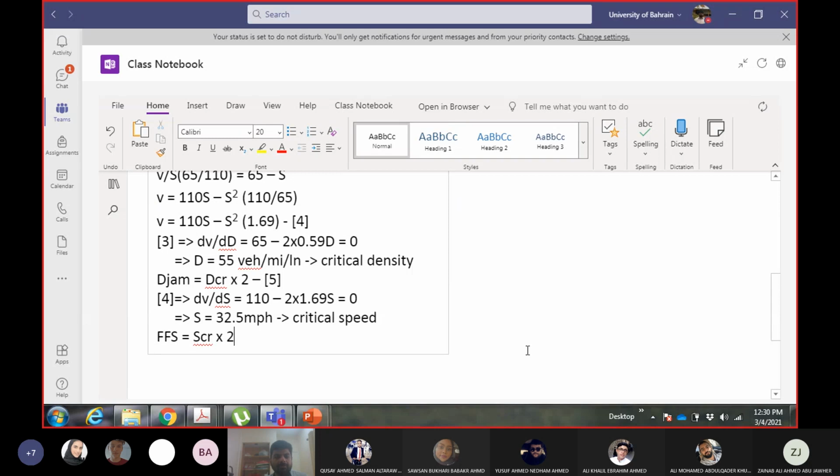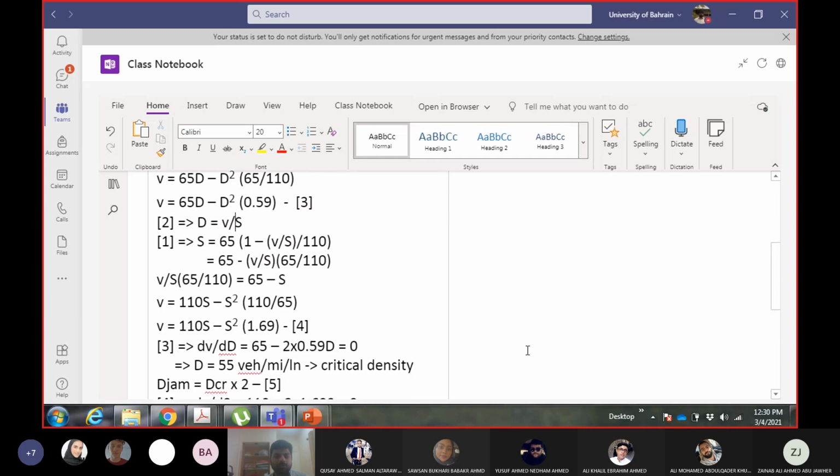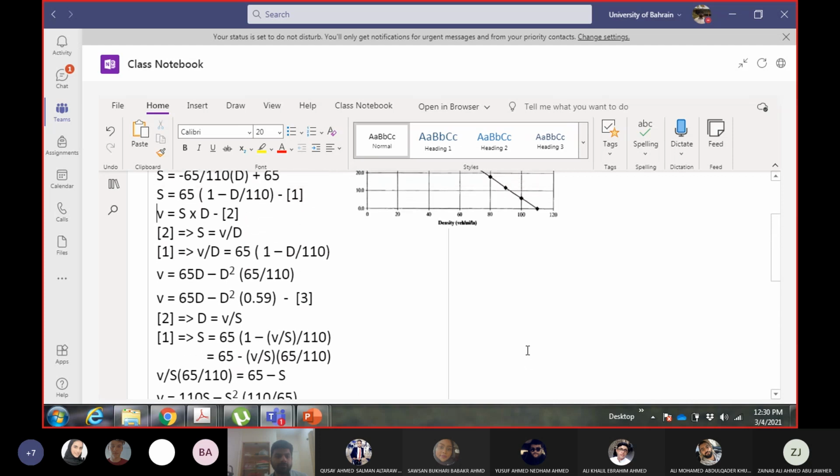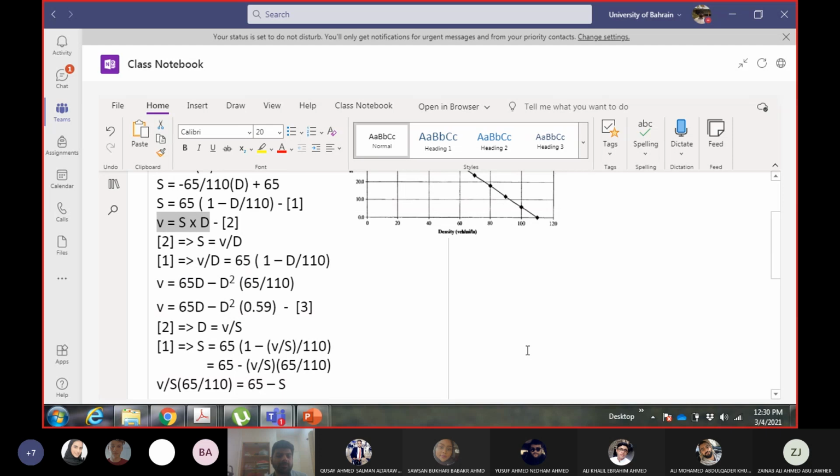Okay. And now, since I have the value of the speed when the flow is maximum and the density when the flow is maximum, I can use them in equation 2. So equation 2 is this one. If you know the value of speed at capacity and the value of density at capacity, you put them into this equation, and the flow which you will get will be the capacity.